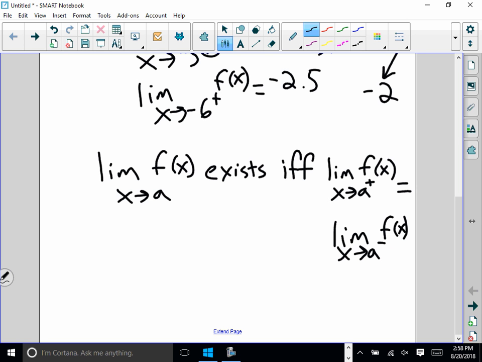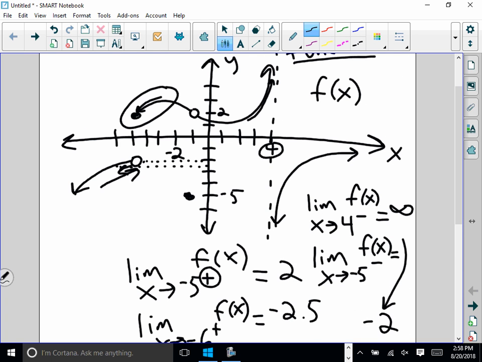So let's take a look back up at our graph at this value -5 right here, this part of the graph. The right-hand limit as x goes to -5 was 2. The left-hand limit as x goes to -5 is -2. Since the left-hand limit and the right-hand limit are different, what would be the answer to this question?